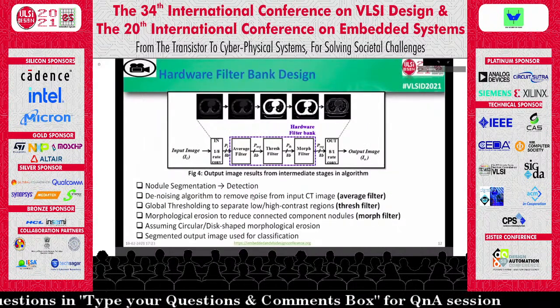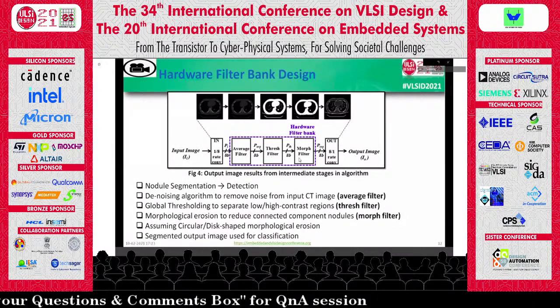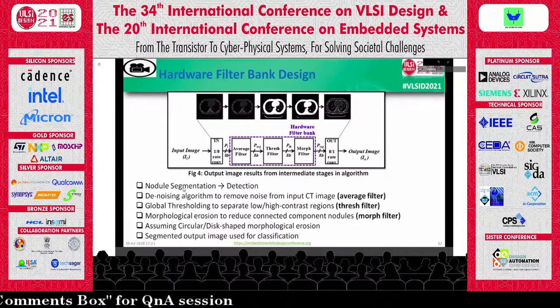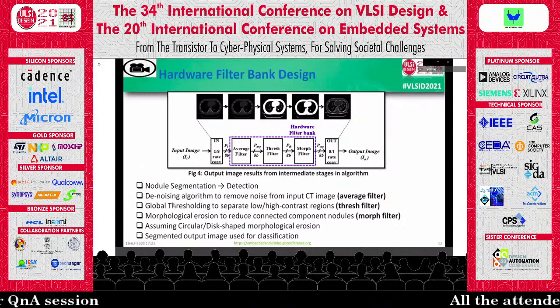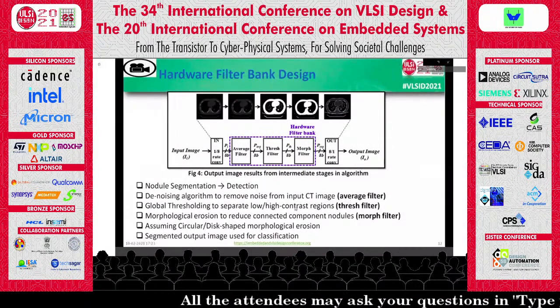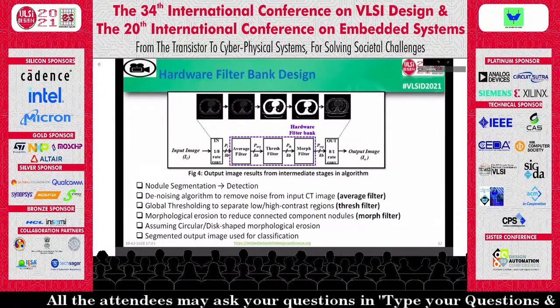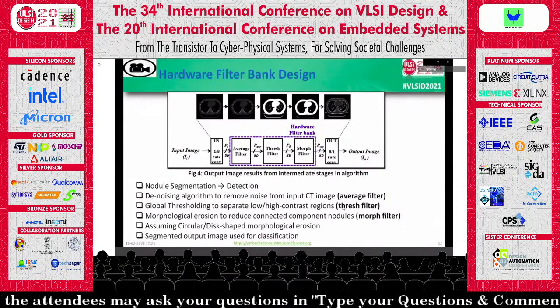The hardware filter bank, which I have talked about, has the average filter, threshold filter, and the morphological filter. In this, nodule segmentation is done as detection. Then a denoising algorithm is used to remove the noise from the input CT image in the average filter. Then global thresholding separates low or high contrast regions in the thresholding filter.